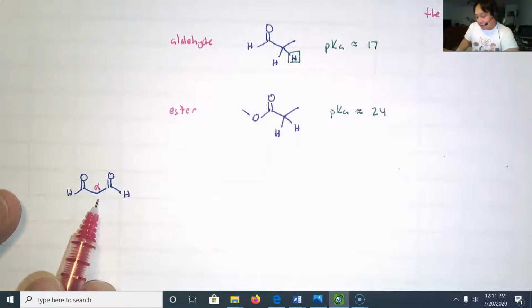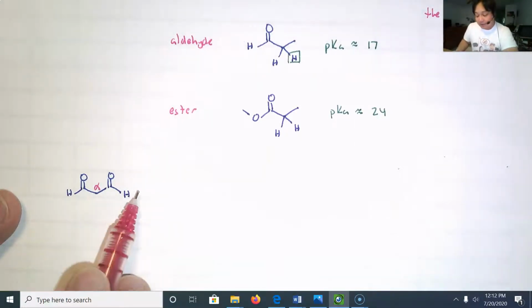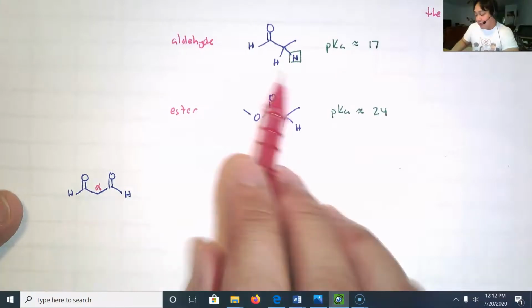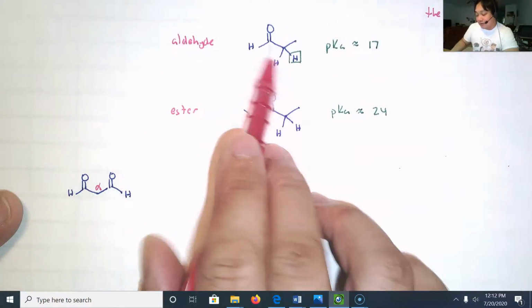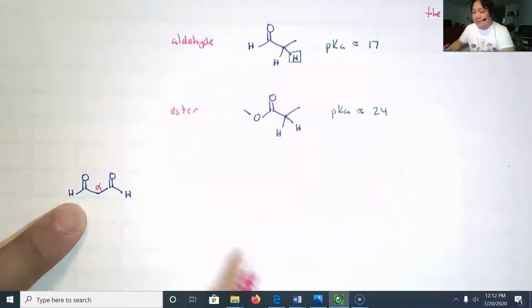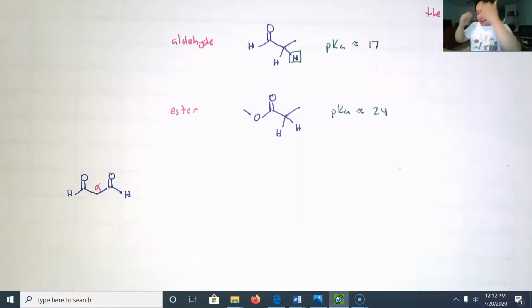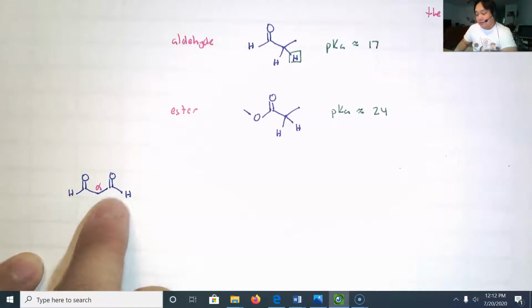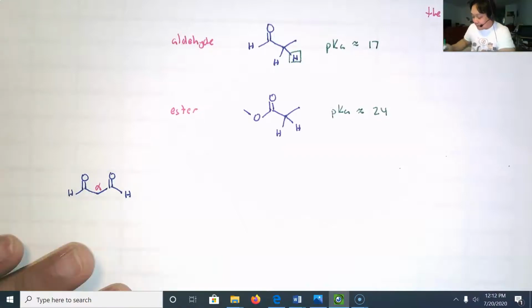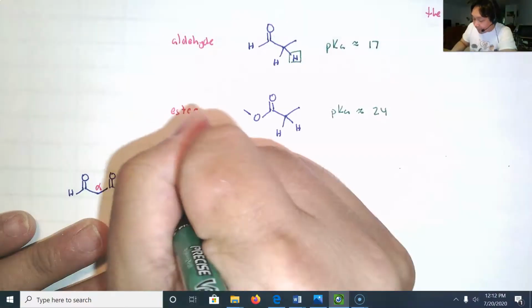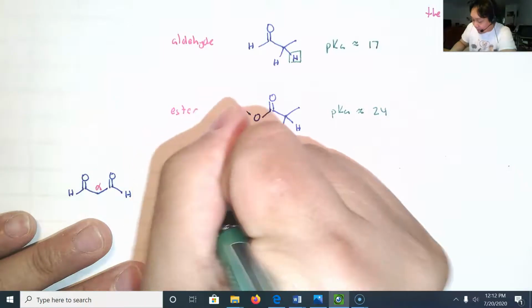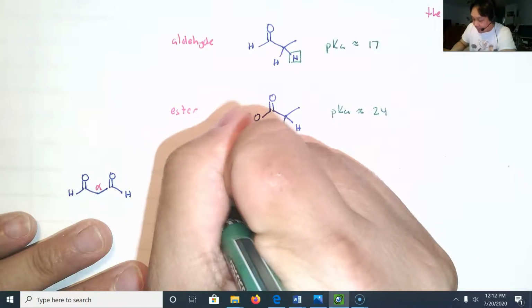Imagine there's a negative charge here. The negative charge can be distributed to the left and to the right, both sides. Over here, it could only be distributed to the left to make the resonance. So this is doubly stable. When you have the anion, you have two ways to move that anion. Bottom line is this has a very low pKa, pKa around 6.